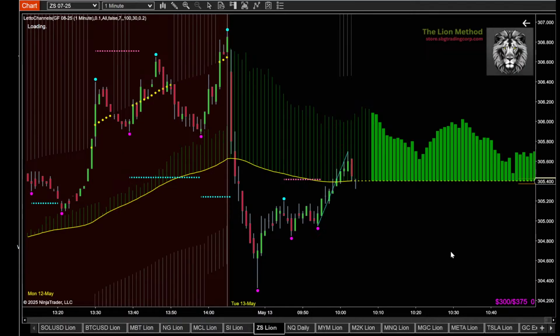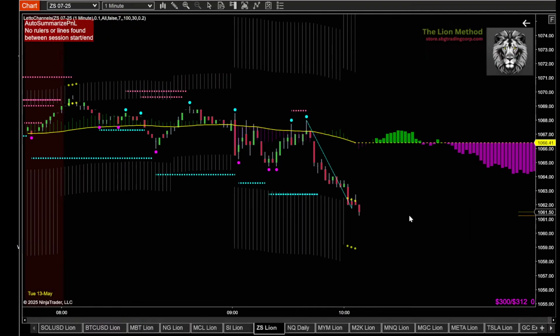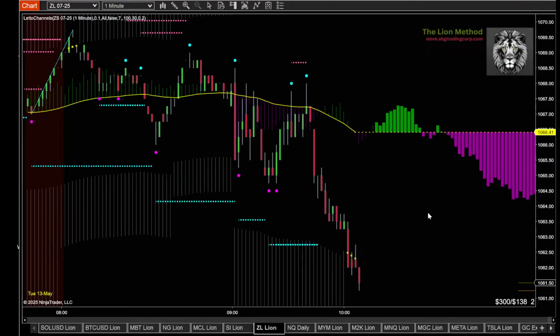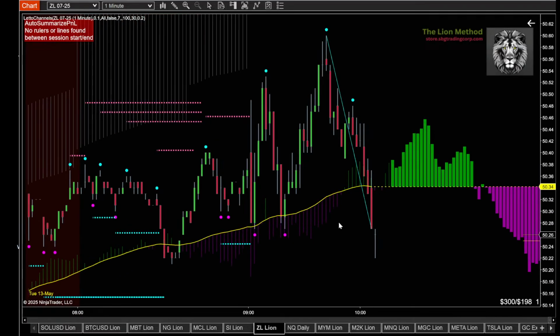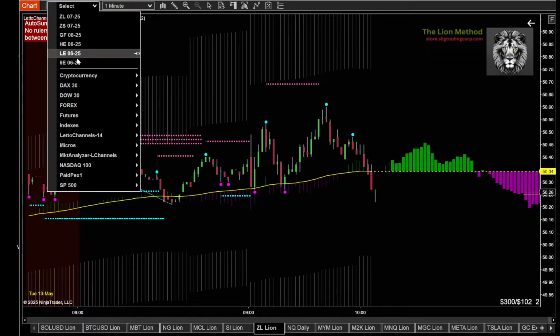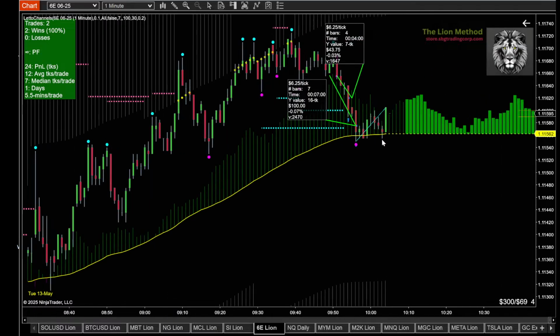This is soybeans. We're finally oversold. And how is the oil? Oil of the soybean. Yeah, let's go back to 6E. 6E is finding support on the 100.